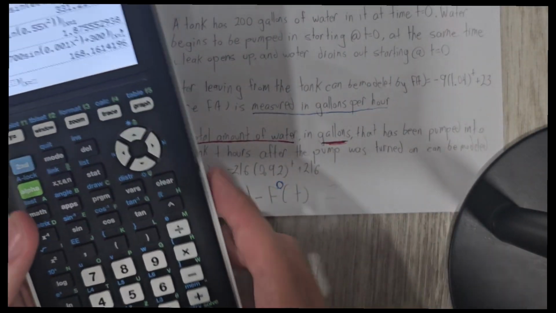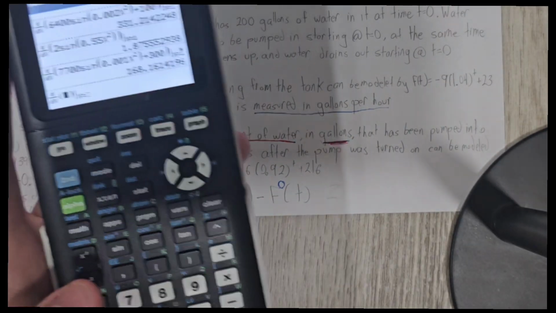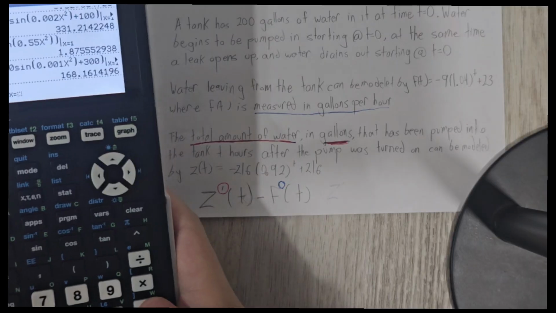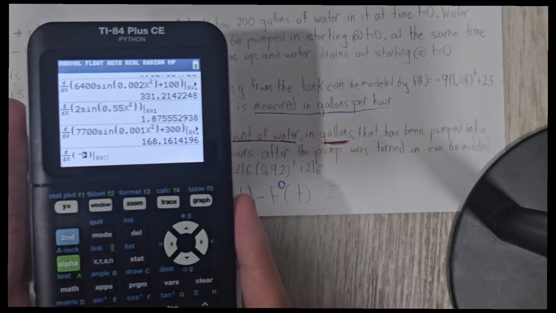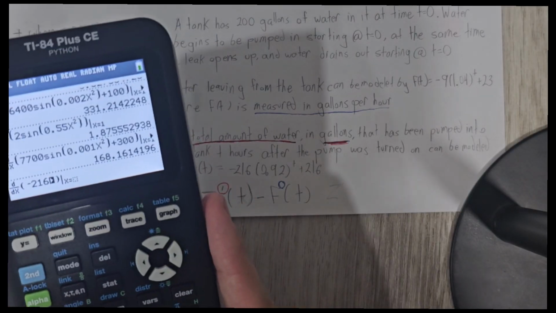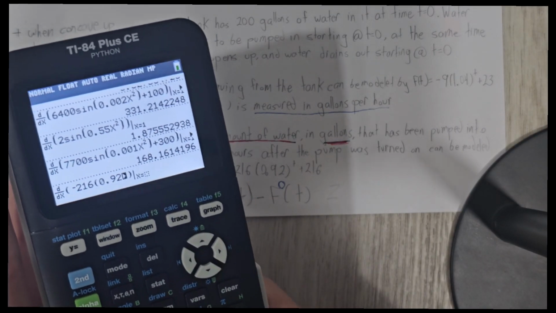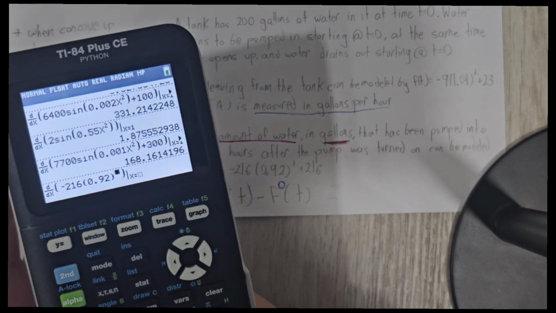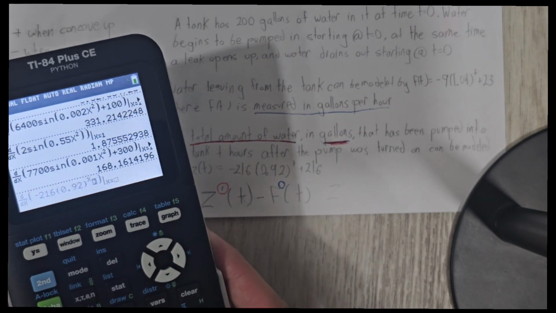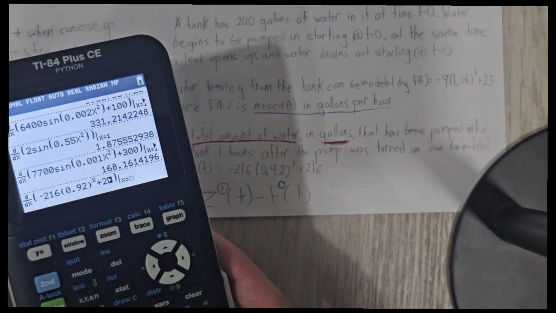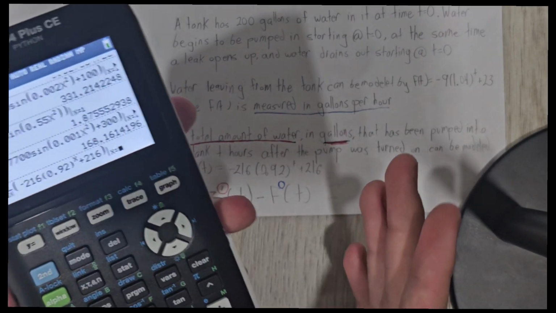You're pressing one less button. So let's type that number in. Negative, this is the button for negative, 216, parentheses, 0.92, parentheses, to the power of x, and then plus 216, and that would be it.